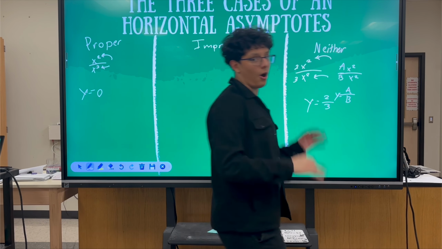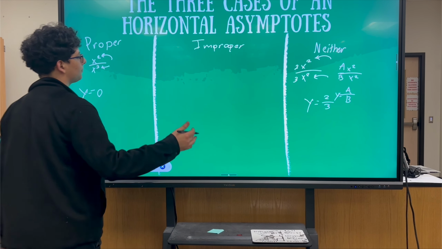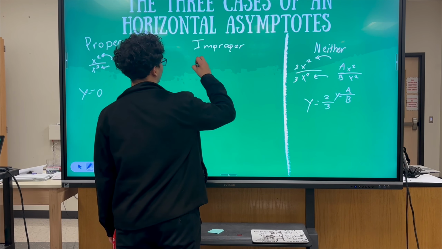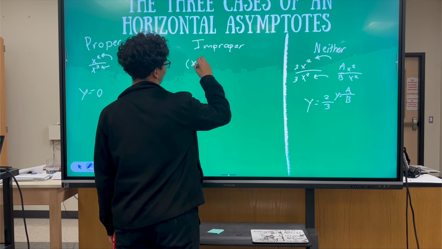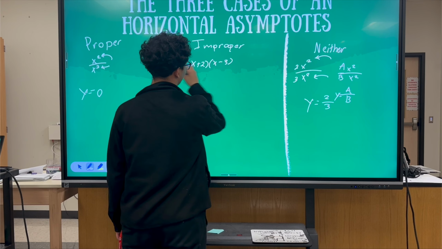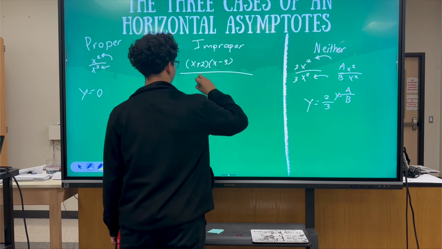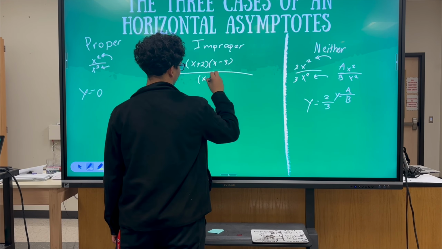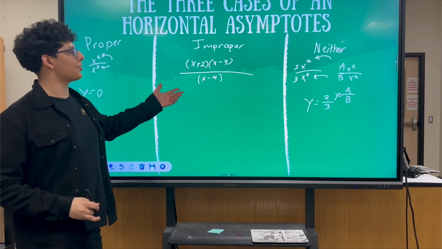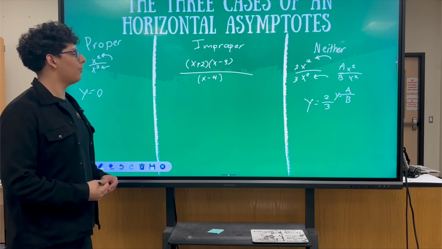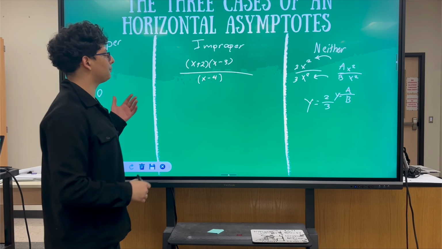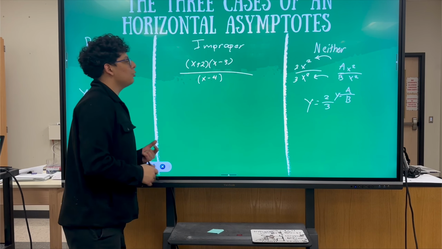Now, the hard one, improper. Improper happens when your numerator is bigger than your denominator. Let's say you have x minus 3 times x minus 3 divided by x minus 3. A quick and easy way to know, without expanding your function, which numerator or denominator has the bigger exponent, is you just look at the x's.